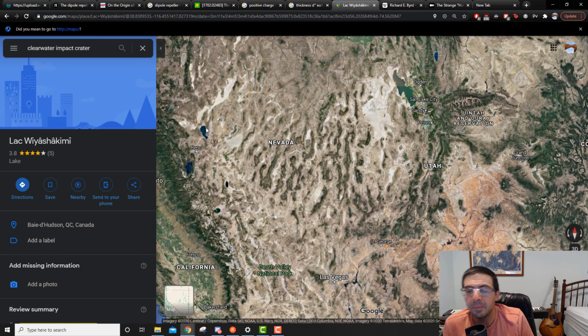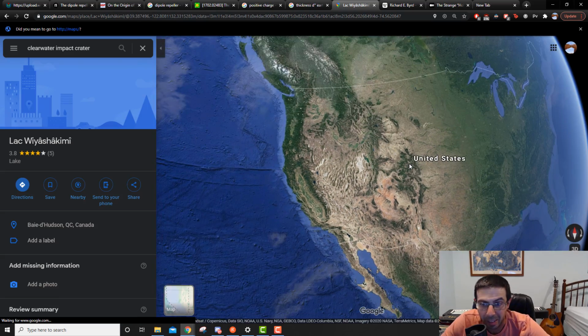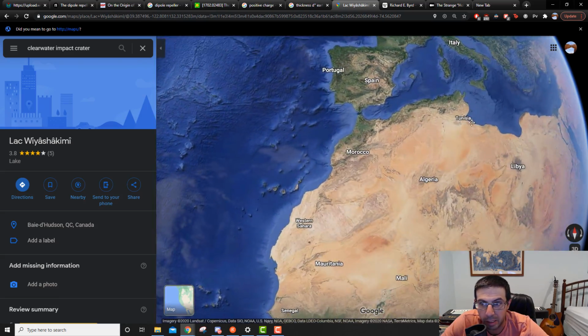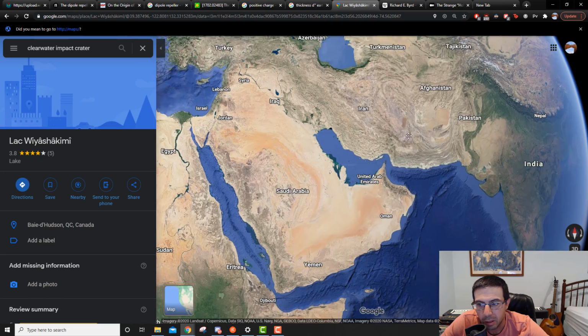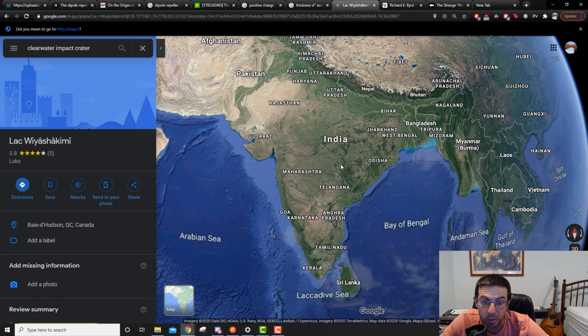Another tidbit, and I don't know how to check this, because people will suggest that the Deccan traps in India went off simultaneously to the Chicxulub impact crater being formed.